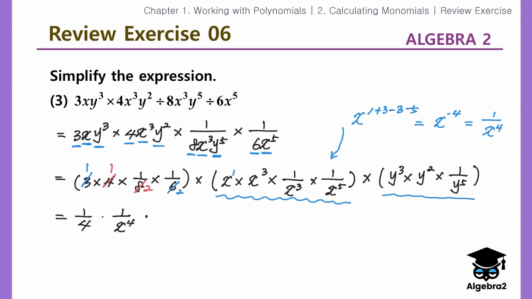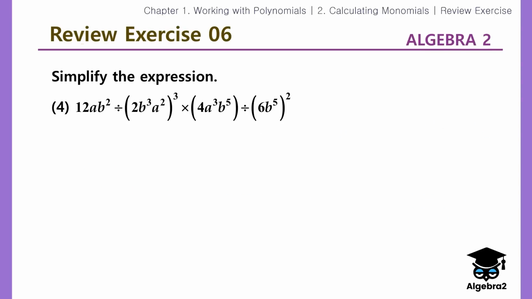If you look at this, that's going to be y, 3 plus 2 minus 5. That's y to the 0, which is equal to 1, right? So times 1. So finally, this expression simplifies to denominator 4 times x to the 4, numerator is 1, right? So it's just 1 over 4x to the power of 4.